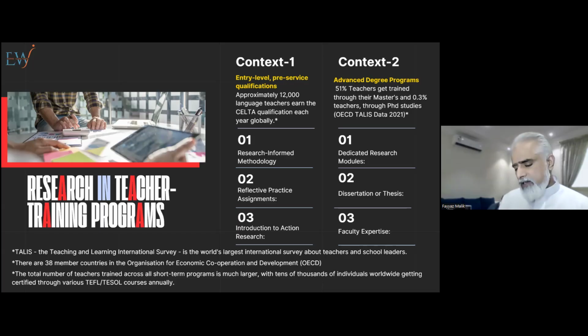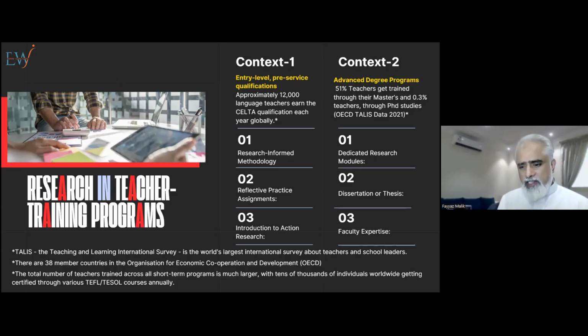They complete certain assignments, put them into practice, and then finally they are expected to write a thesis or dissertation on a topic which finds something new. And here, a lot of faculty expertise is available, through supervisors and other colleagues, and there are millions and millions of other sources available online.